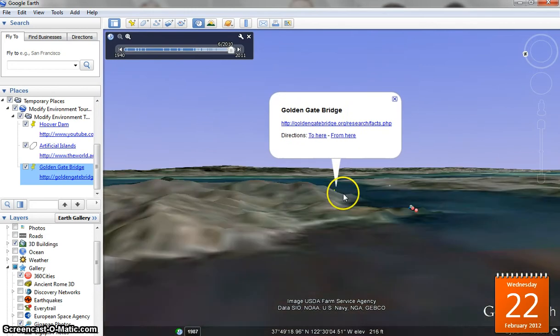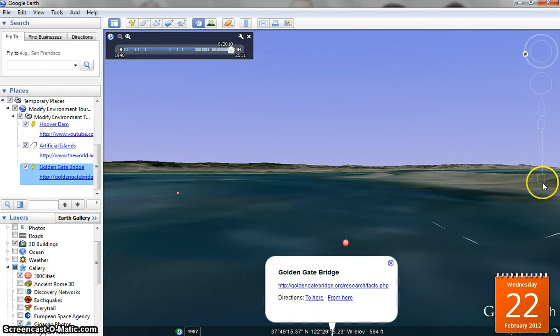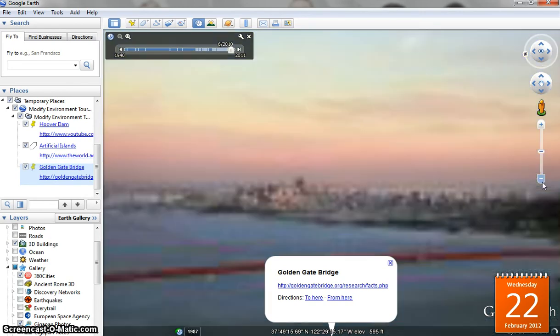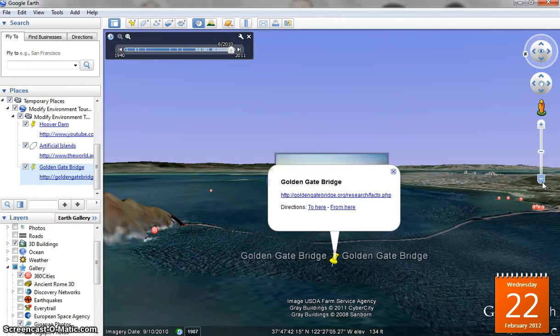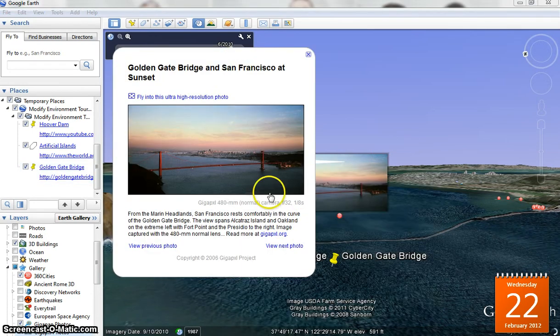Alright, now we're gonna come in here. Okay, we can zoom out a little bit. Okay, let's take a look at this picture so you guys can see how big the Golden Gate Bridge is.